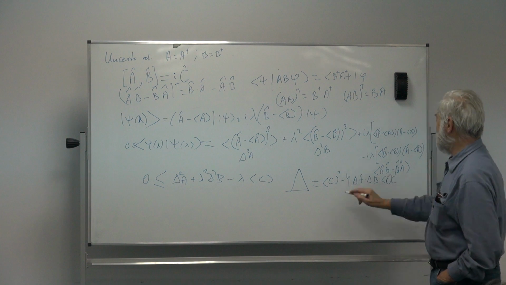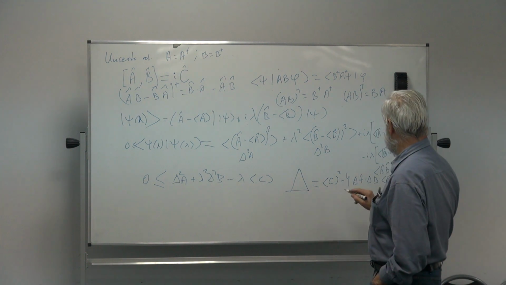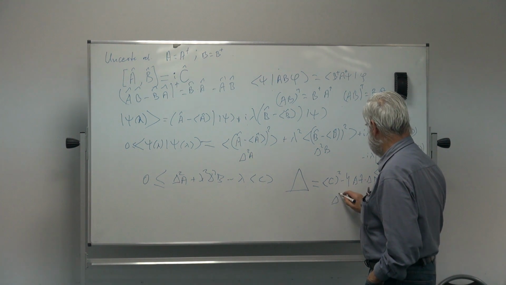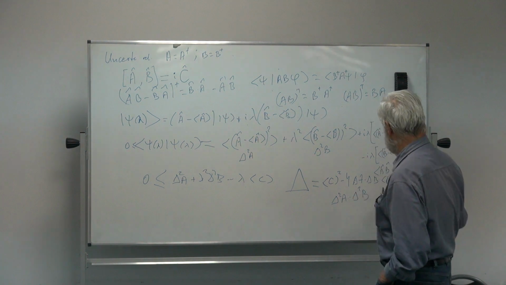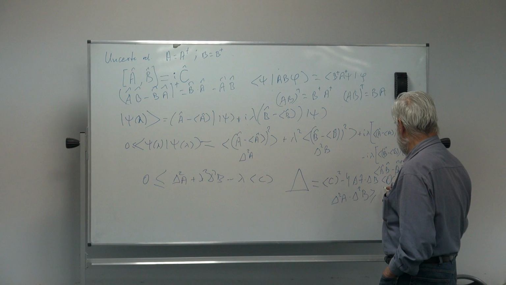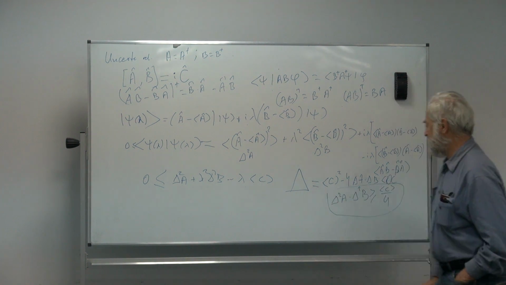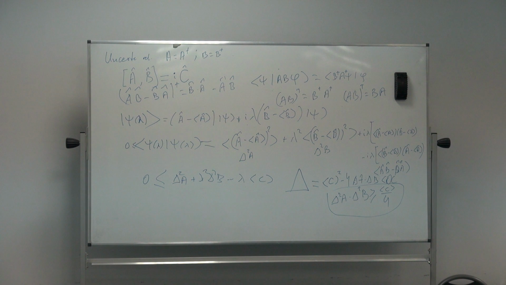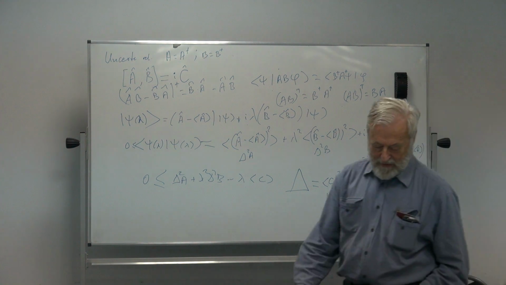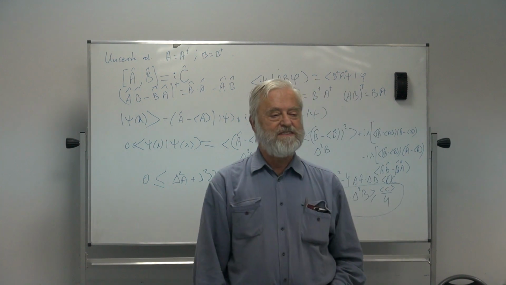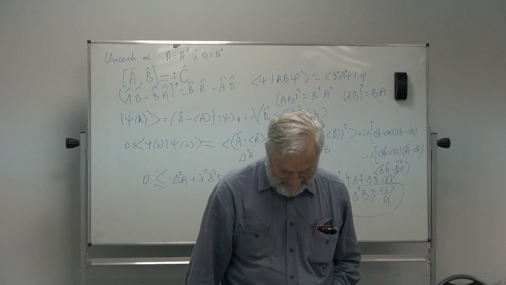Smaller than 0. Then, of course, what we get is that square A times square B must be bigger or equal than in C divided by 4. Yes? That's the standard form of this. Discriminant. Yes, discriminant. Thank you.